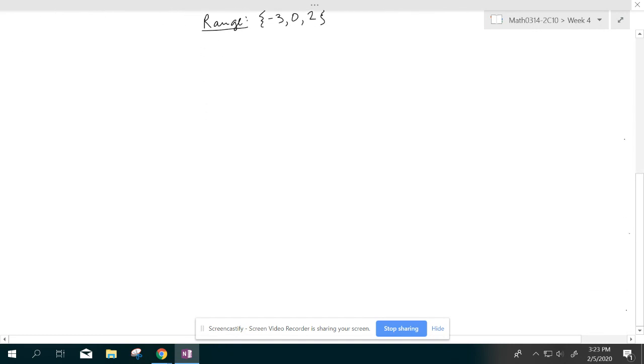Let's get some clean space here and let's go to number 19. Next new thing. f of x equals 2x squared minus 3x.